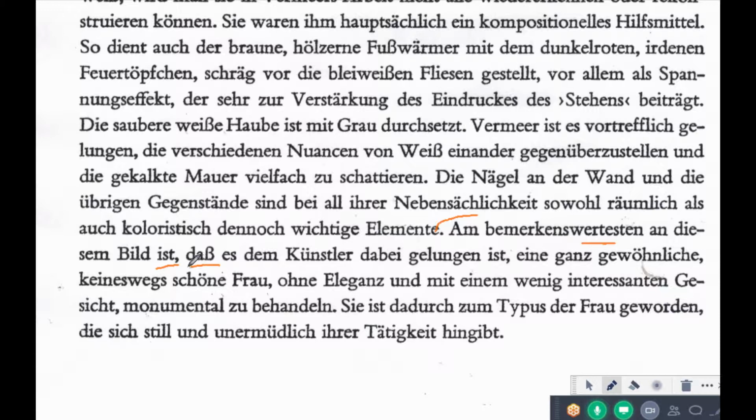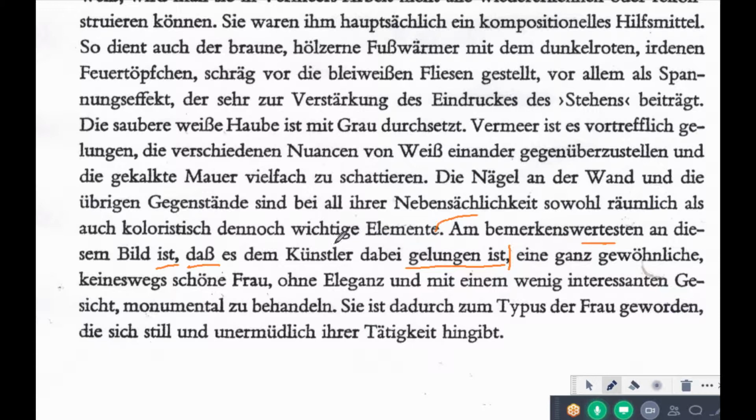Let's read this again. Dass es dem Künstler dabei gelungen ist. Up to here, go ahead. Dass es dem Künstler dabei gelungen ist. We encountered this verb before, and it has a special construction that has to be noted. Es ist gelungen, it has succeeded to, and then takes the dative, to the artist.